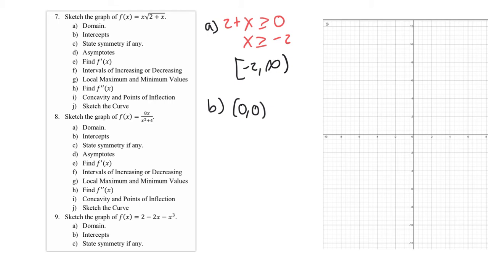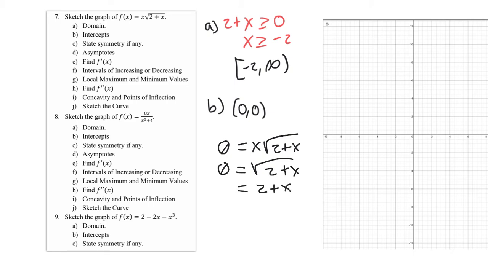So once again, we could set y equal to 0 and then solve for x. We could divide both sides by x. That would leave us with this. We could square both sides, and that would leave us with this, and then we could subtract 2 from both sides, and that would give us that.